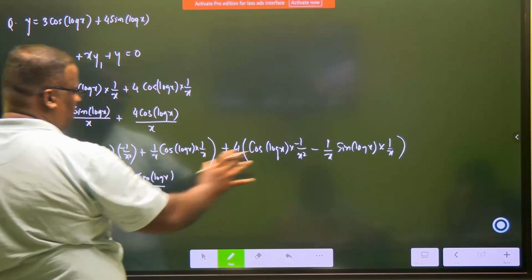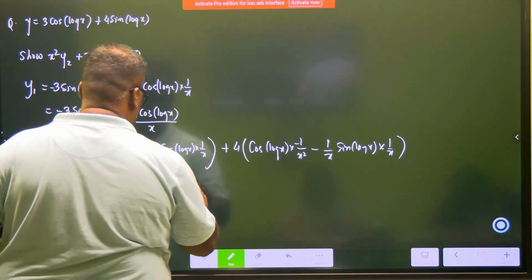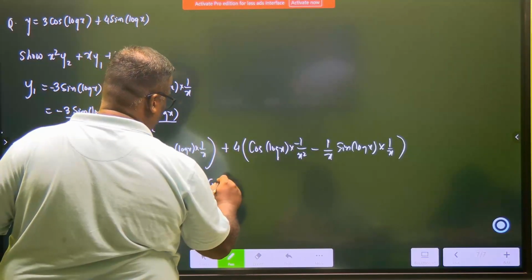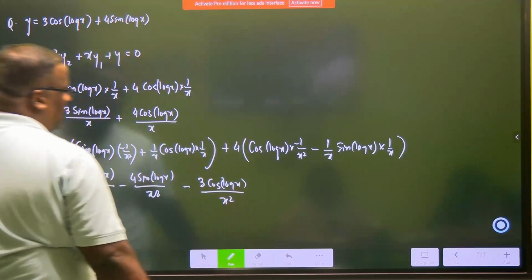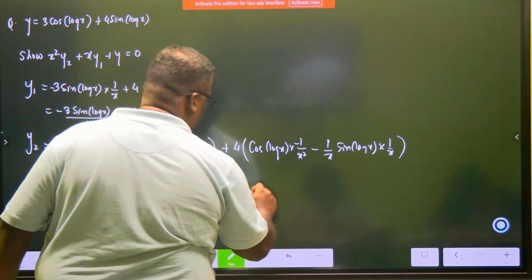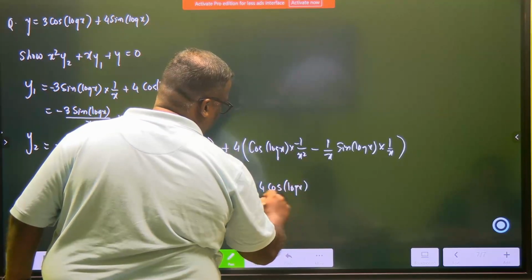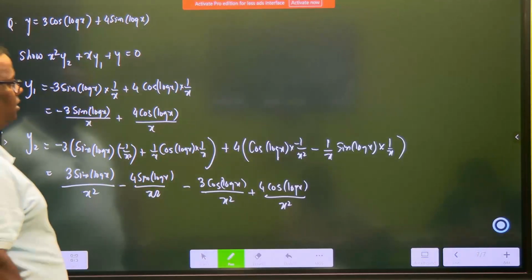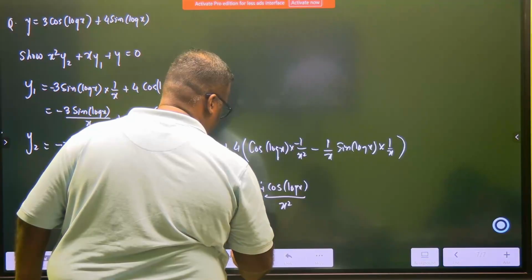So these two parts have been taken care of. Then I have a negative 3 cos log x by x square, and here I have a positive 4 cos log x by x square, and this negative will get multiplied, so this will be negative.